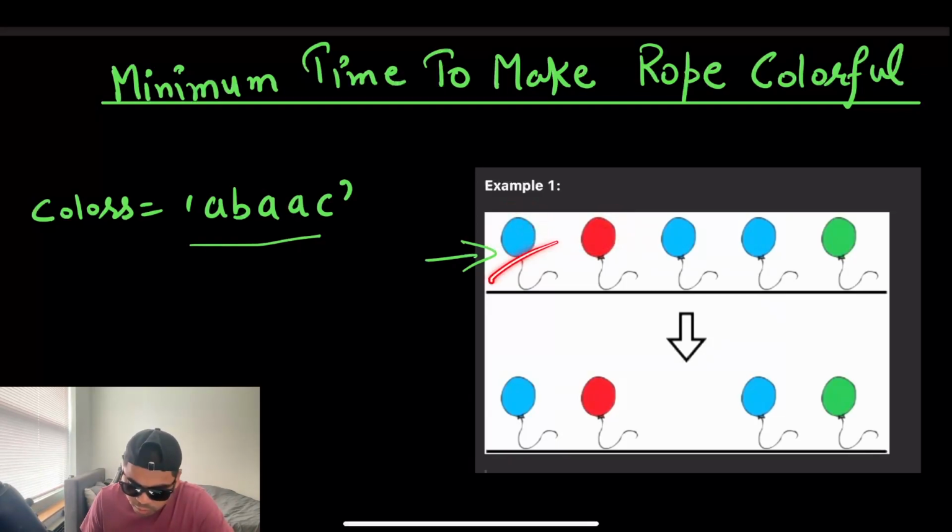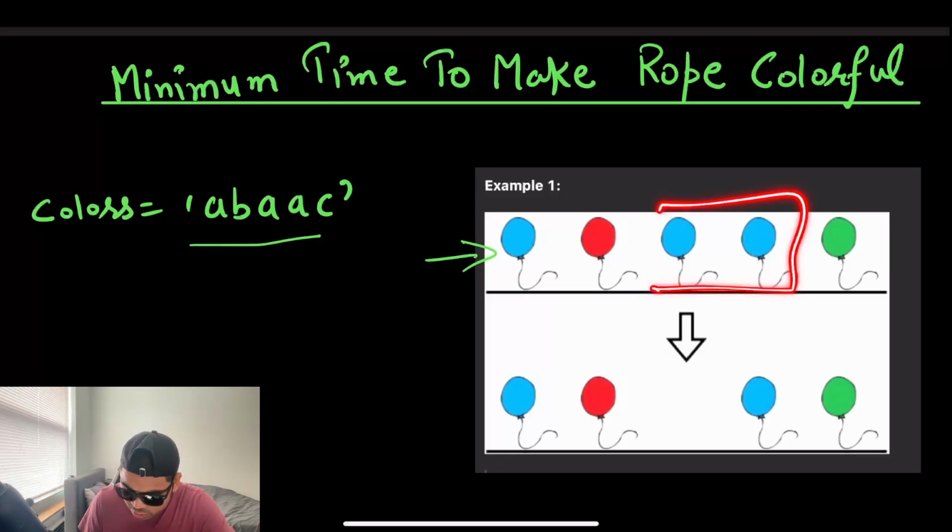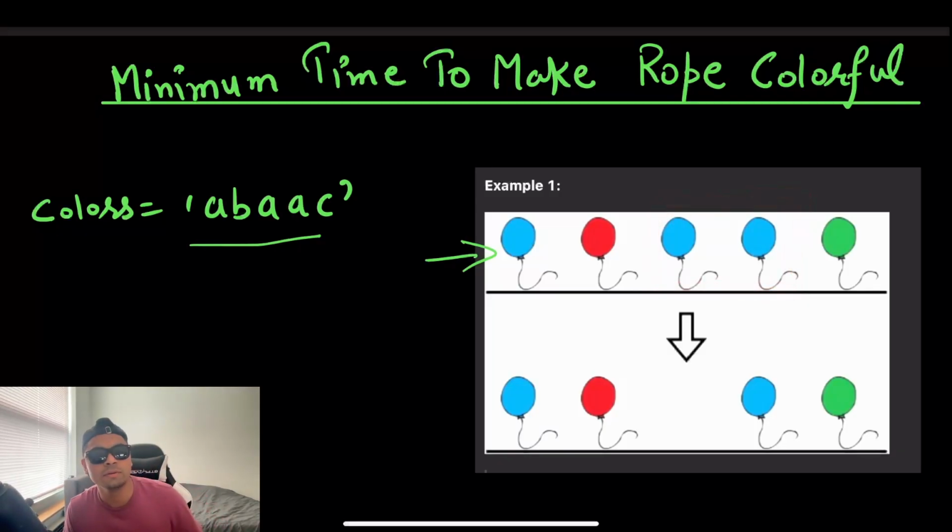So we got blue, red, blue, green. Here we have two consecutive balloons of the same color that are stopping our rope from becoming colorful. You don't want any two consecutive same colors right next to each other. So we need to remove one, just like they have shown in the example.